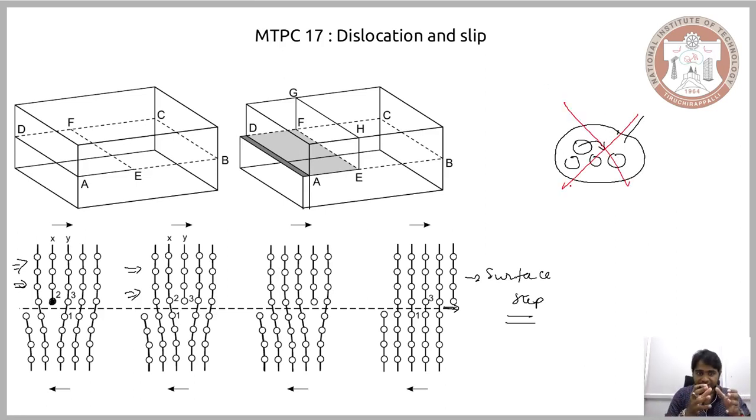But the plastic deformation, when you consider the edge dislocation, occurs by the formation of the extra layer of atoms. So the simplistic consideration of the slip as the movement of atoms, or the plastic deformation as the movement of atom from one stable position or equilibrium position to another equilibrium position, is not how it occurs, but rather the plastic deformation occurs in this case of the edge dislocation by the introduction of the new layer of atoms.